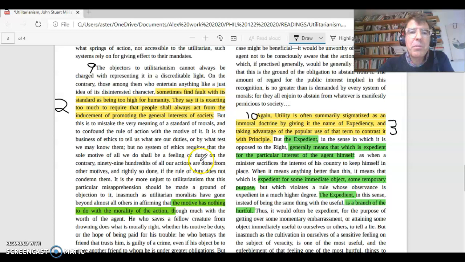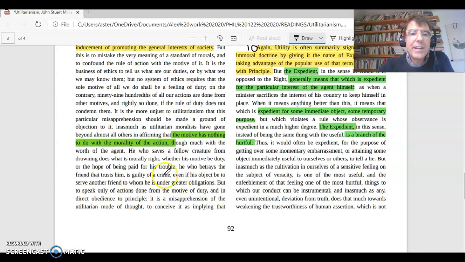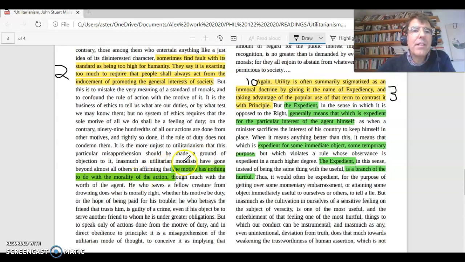All right, so I have a couple spots highlighted. The first one is, the motive has nothing to do with the morality of an action. This is an important part of utilitarianism, because remember, utilitarianism is only about the consequences of your actions, whether they produce the most happiness. And your motive is not relevant. So the too high for humanity objection is saying that we have to have this motive where we're always thinking about the general interests of society.